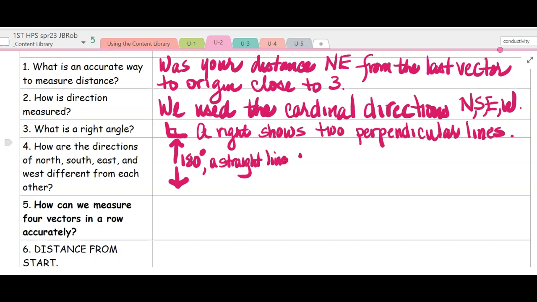And west and east similarly are a straight line, 180 degrees.